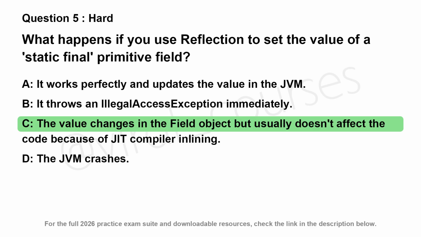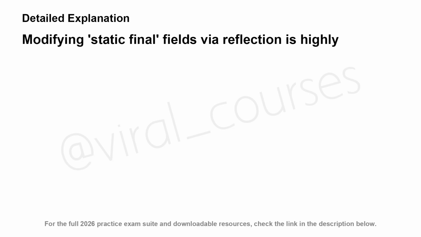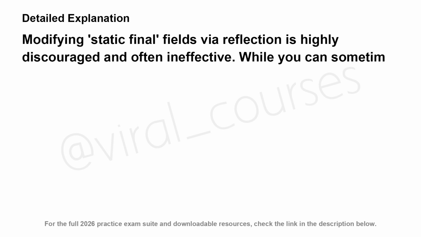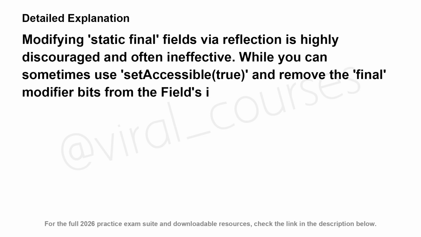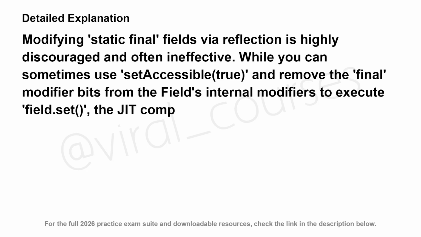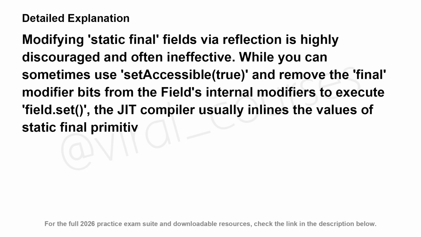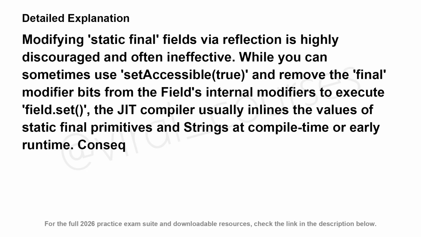The correct answer is C. Modifying static final fields via reflection is highly discouraged and often ineffective. While you can sometimes use setAccessible(true) and remove the final modifier bits from the field's internal modifiers to execute field.set(), the JIT compiler usually inlines the values of static final primitives and strings at compile time or early runtime.